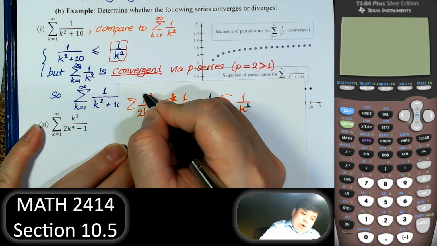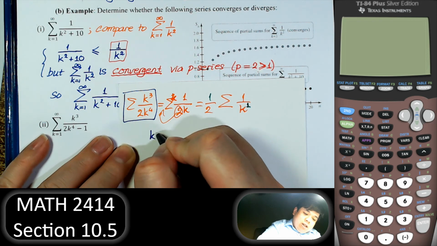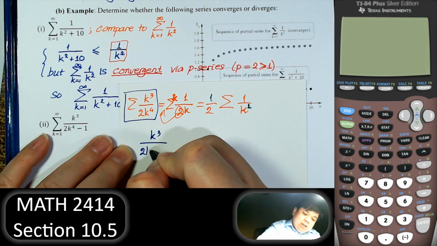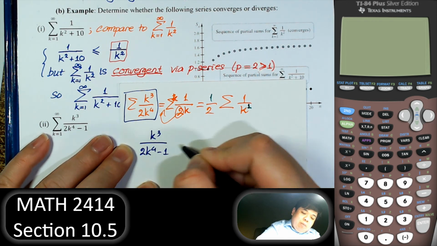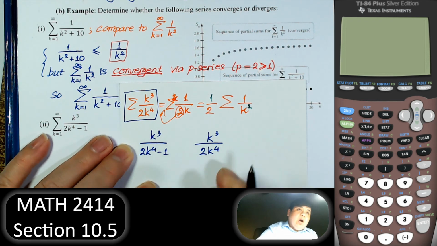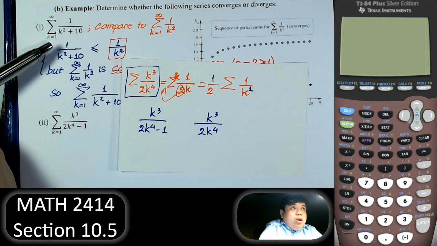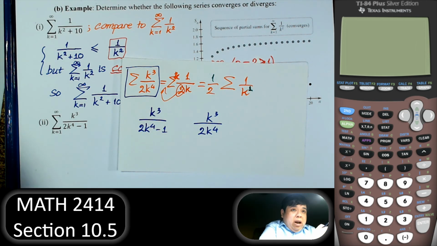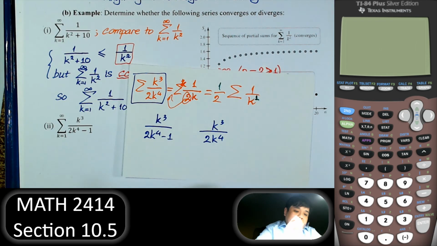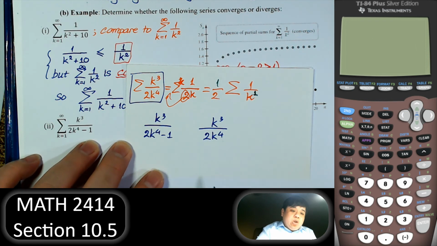So we know this one is divergent. Now which one is bigger? Compare this with this. The same reason here: the bigger the denominator, the smaller the quotient. So compare those two. This one has the bigger denominator, so it's the smaller quotient.